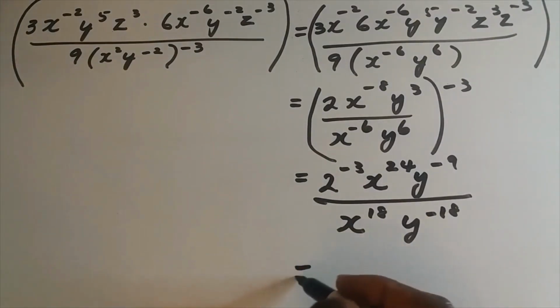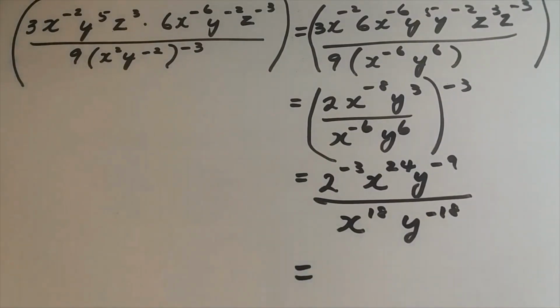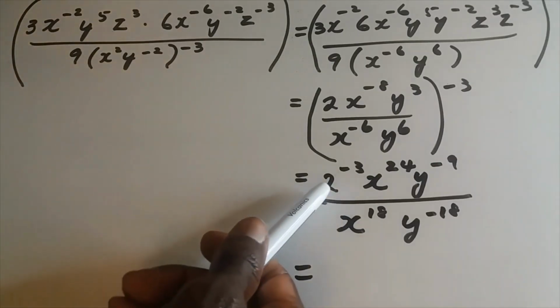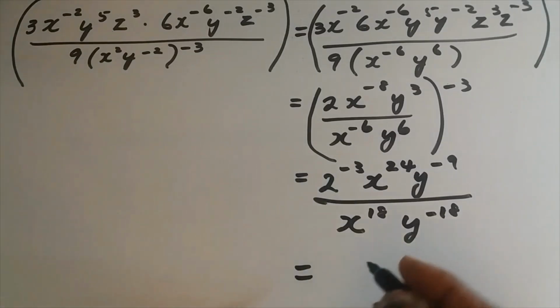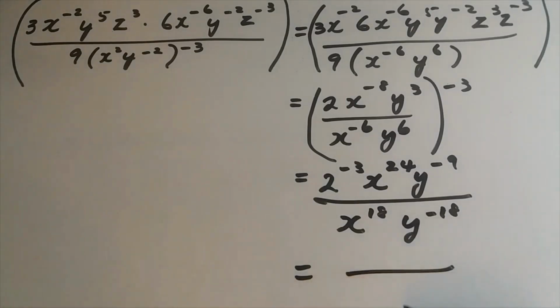And now we'll move this base of 2 with a negative exponent into the denominator. That's what we want to do. We have 2 cubed.